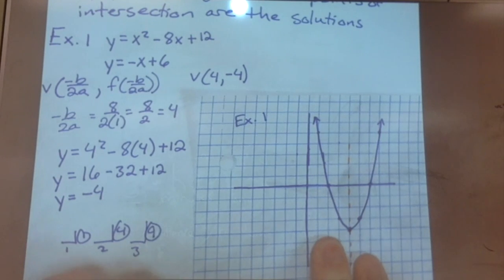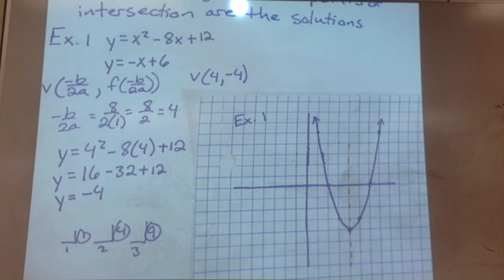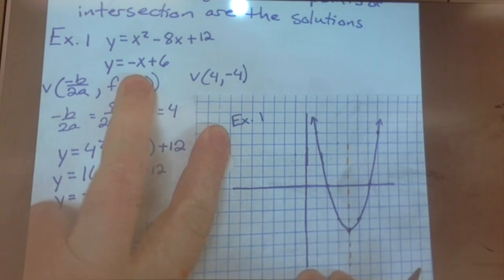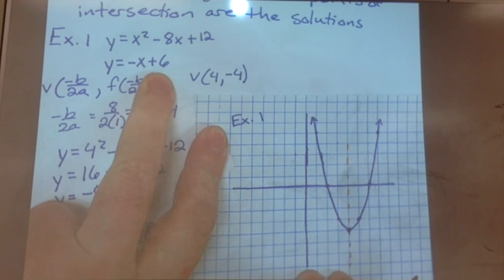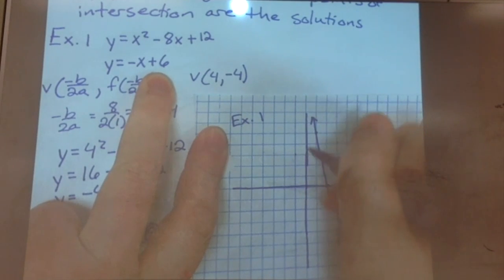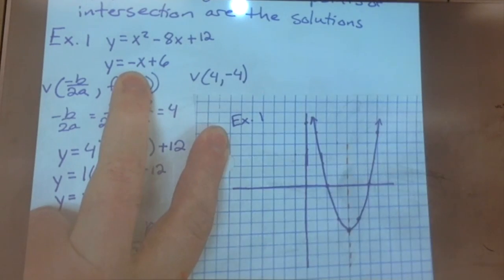All right, so we also need to graph the line, y equals negative x plus 6. If we think of this as slope-intercept form, my y-intercept is 6, so I'm going to go up 1, 2, 3, 4, 5, 6, and then I have a slope of negative 1.